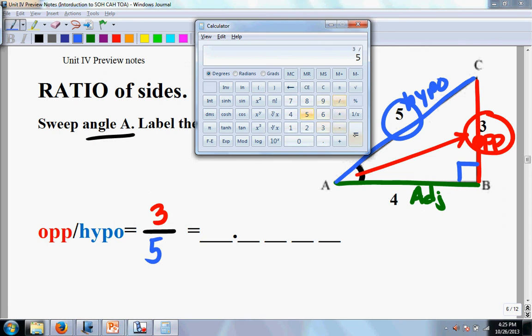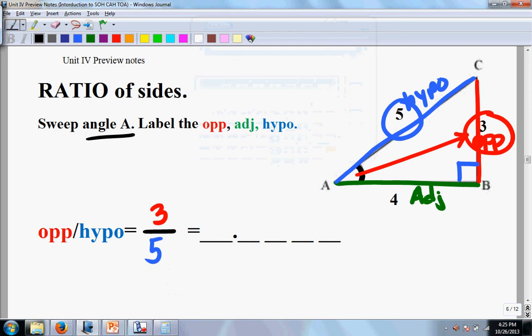I'd like you to take this decimal to the 4th decimal place. So that's going to be 0.6000. That's one ratio, opposite over hypo. Can you write OH? That is one combination you need to be familiar with.